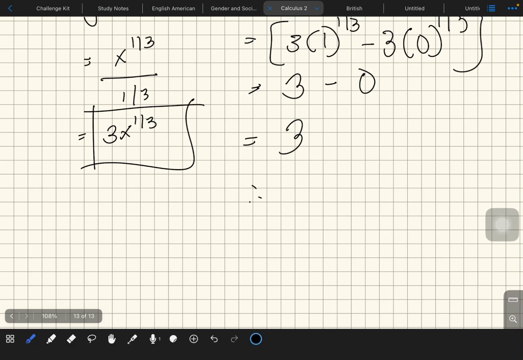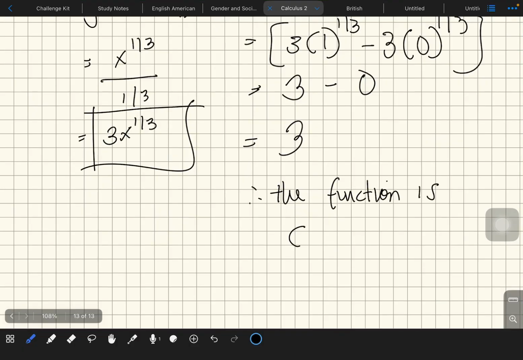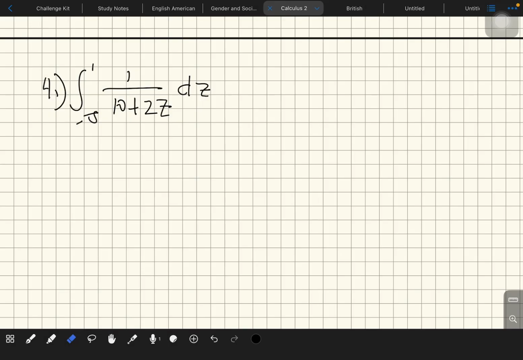So therefore the function is convergent, because it exists: the value of the limit is a finite number. So now let's proceed to problem number 4.